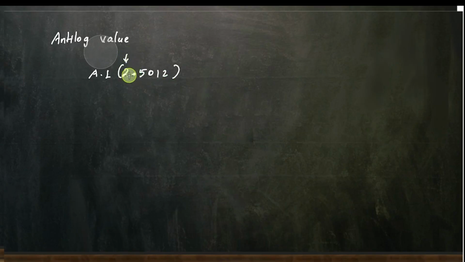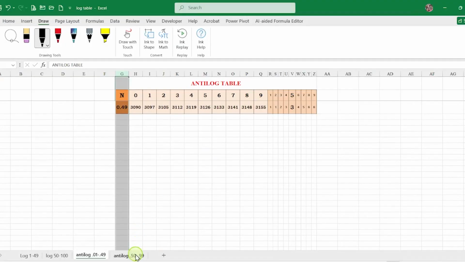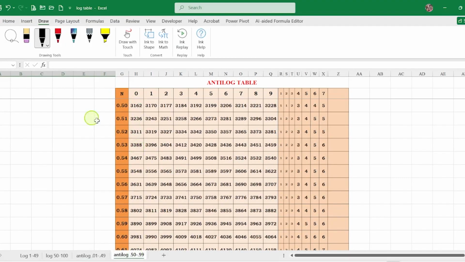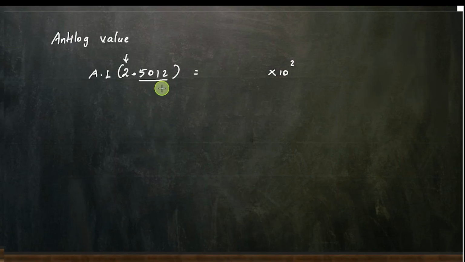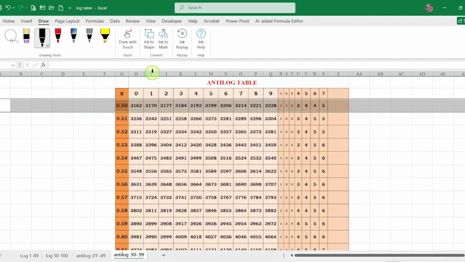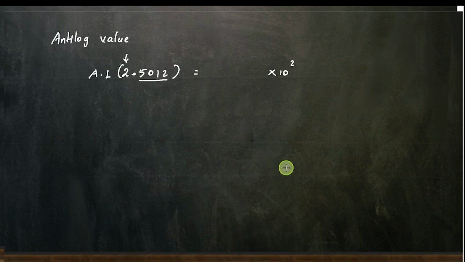Look at the number before the decimal point. So here it is 2. Just raise it to the power, 10 power 2. Now look at the number after the decimal point, which is 50. 1, 2. A 50th row. This is the 0.50. Under column 1 I have to see. Under column 1, the value is 3170.